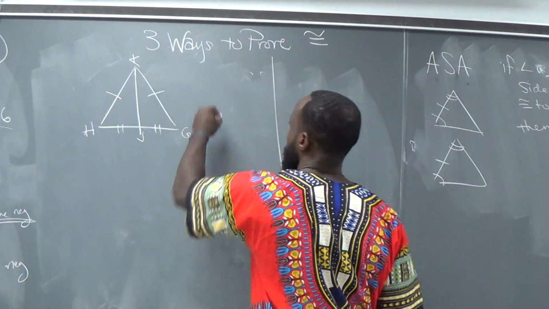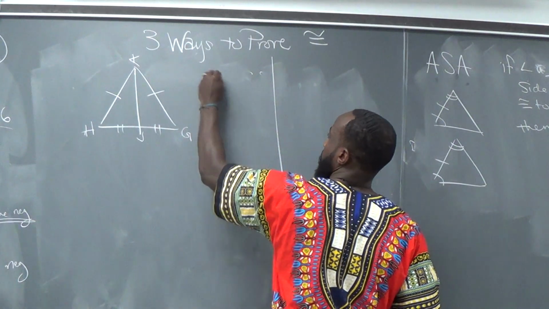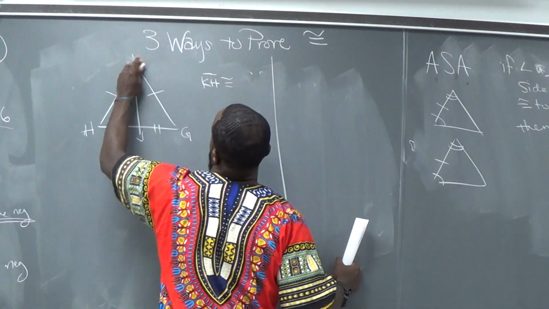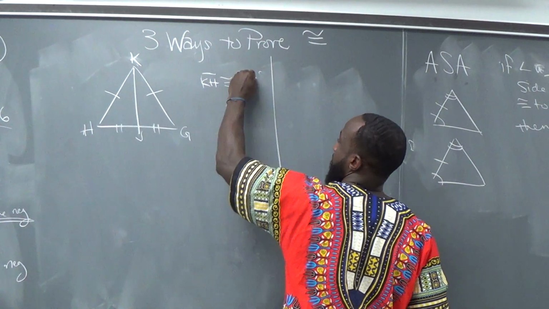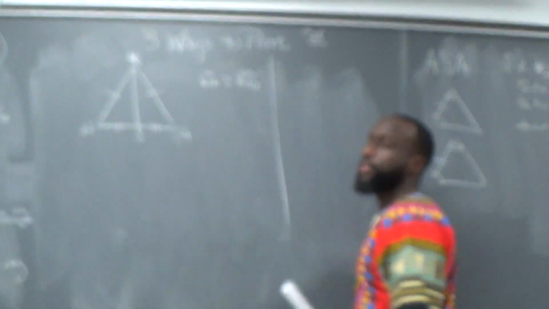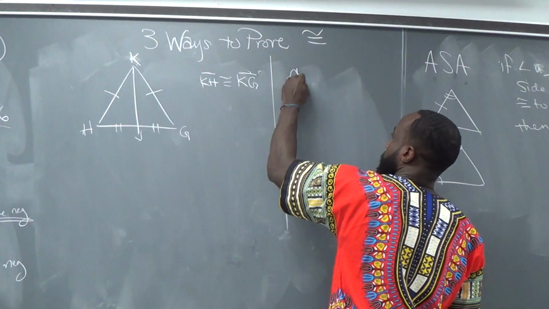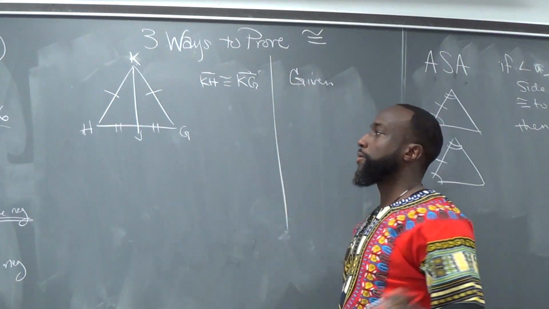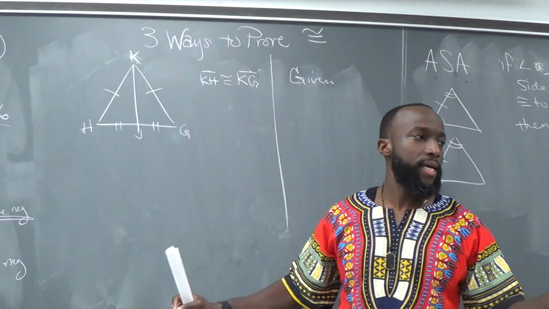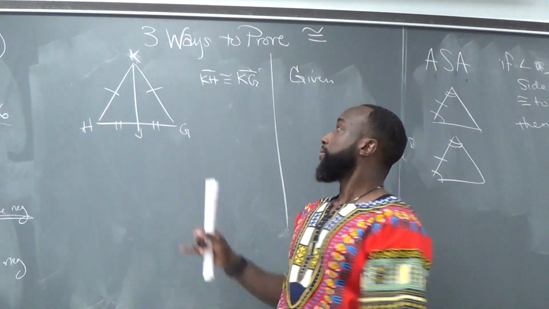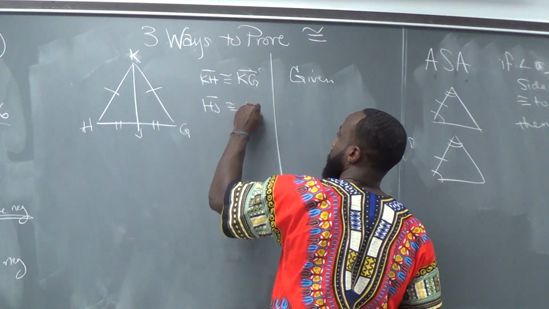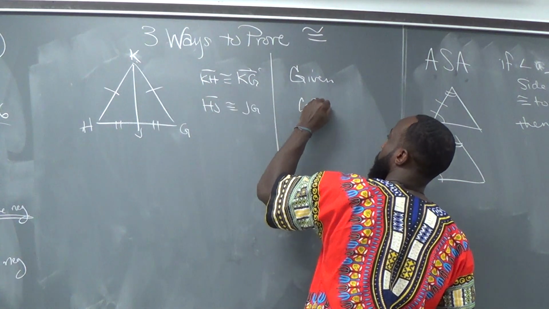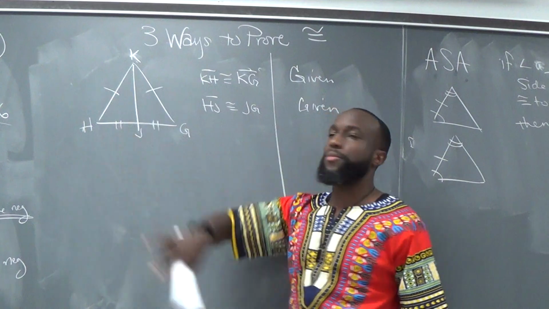Yeah, these marks. So KH is congruent to KG. That's given. What's next? HJ is congruent to JG. That is also given, because of your tick marks.